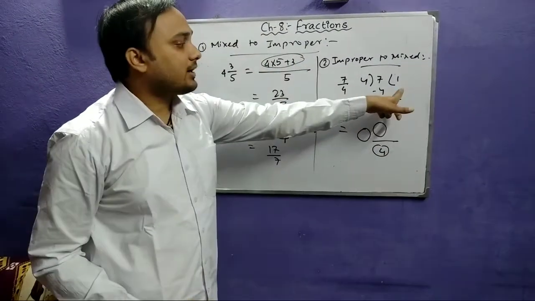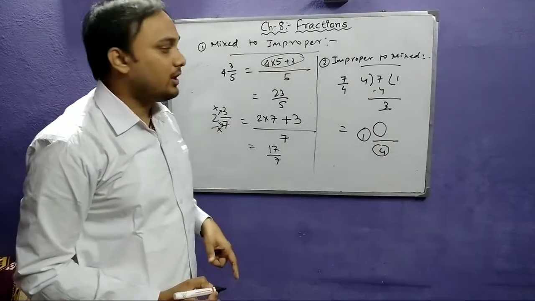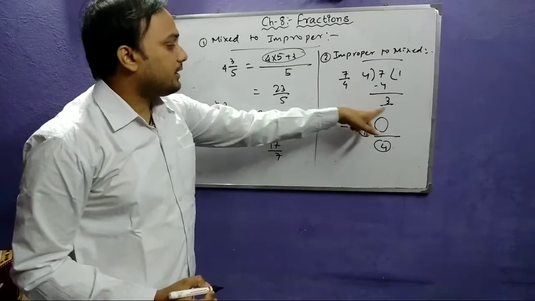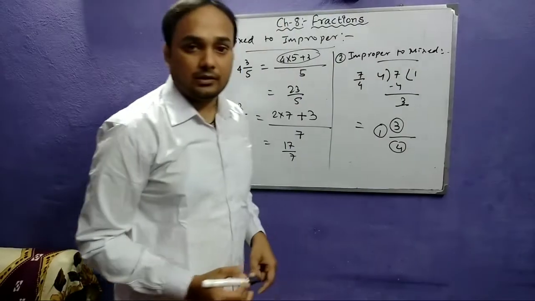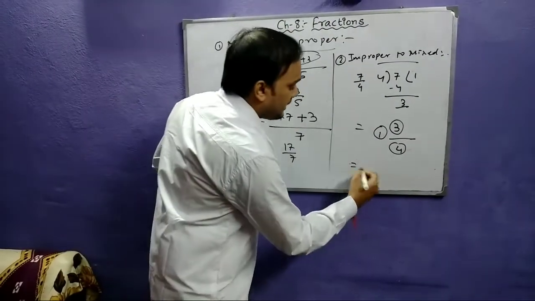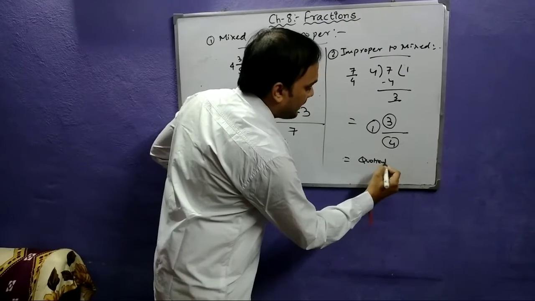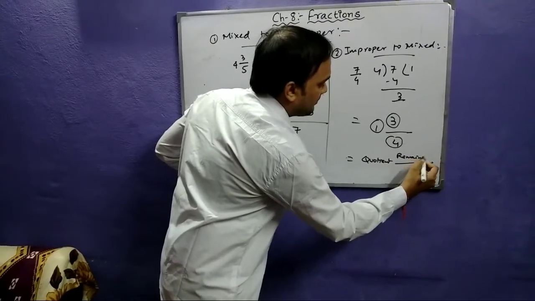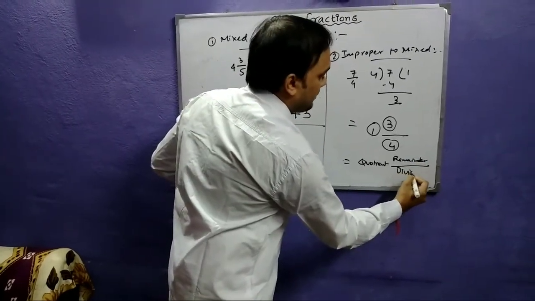The quotient will be written in the middle, that means the whole number part, and the remainder, that is 3, will be written here as the numerator. So the format is, in between you write the quotient, above you write the remainder, and at the bottom you write the divisor.